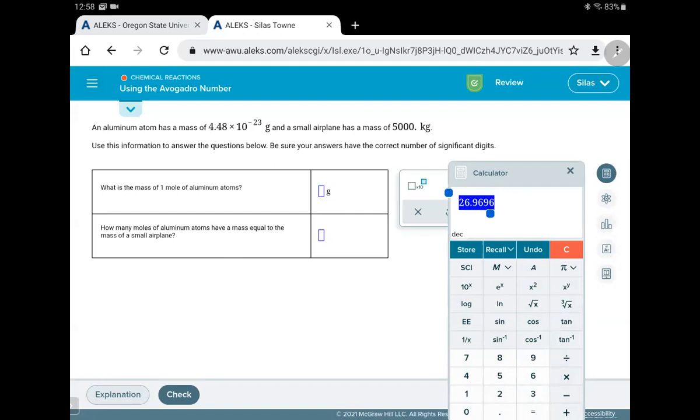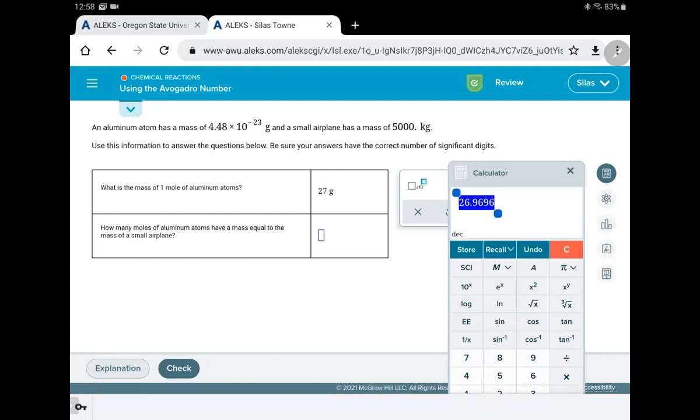So I get 26 point, and we want 3 significant digits, so 96 rounds up to 27.0 grams for 1 mole of aluminum atoms.